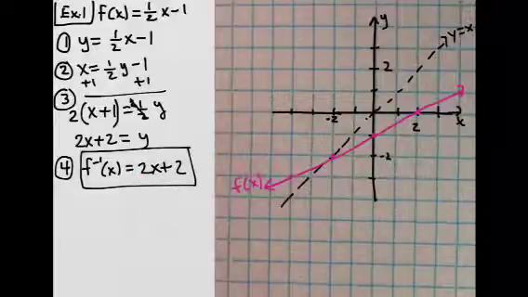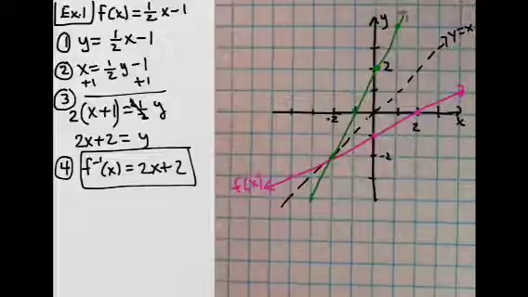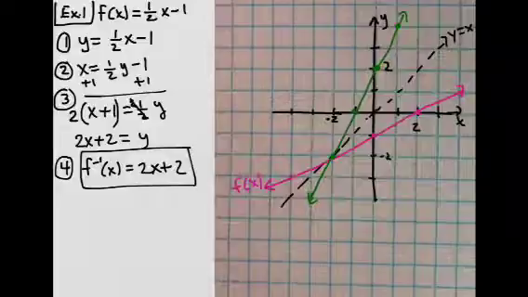So that means up 2 over to the right 1, or down 2 left 1. So the line goes like this. And as you can see, y equals x is the line of symmetry of the two functions.